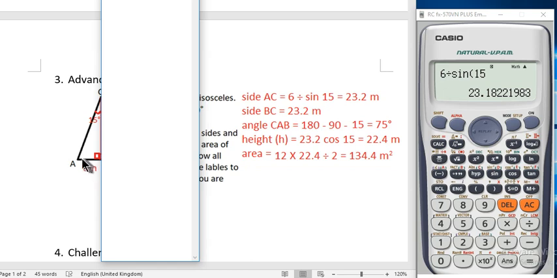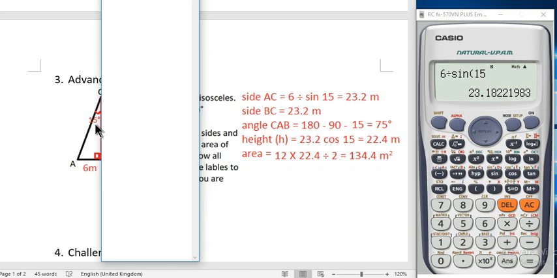Now, inside a triangle, we have 180 degrees altogether. So that means that whatever this is, plus this 90 degrees here, plus 15, must add up to 180. We can do the reverse of that.